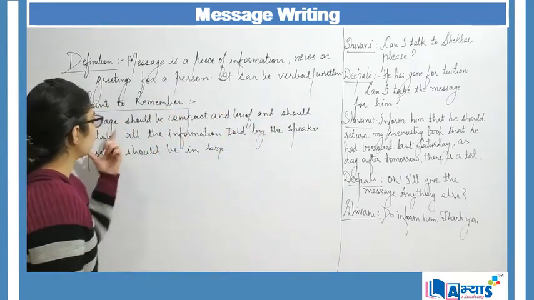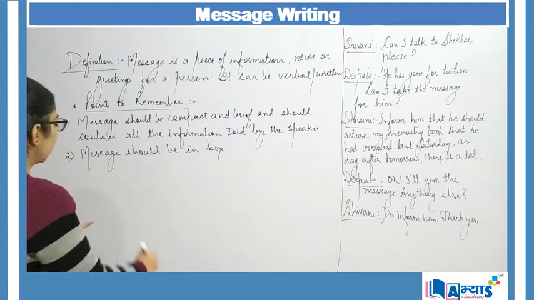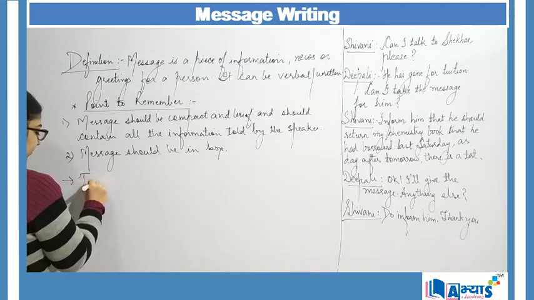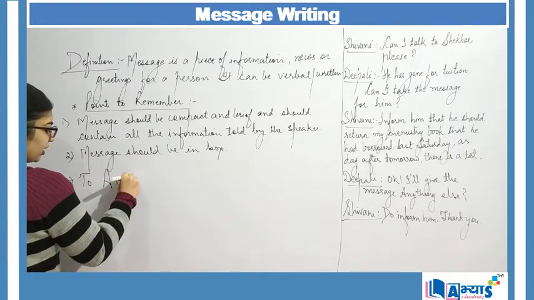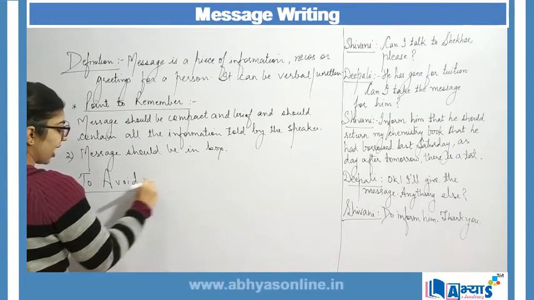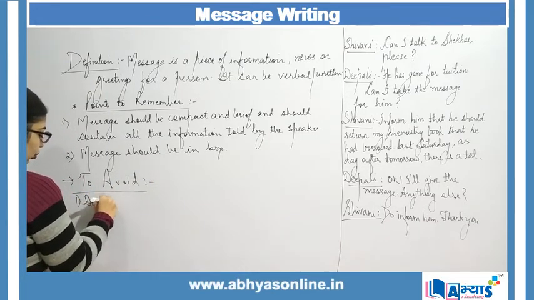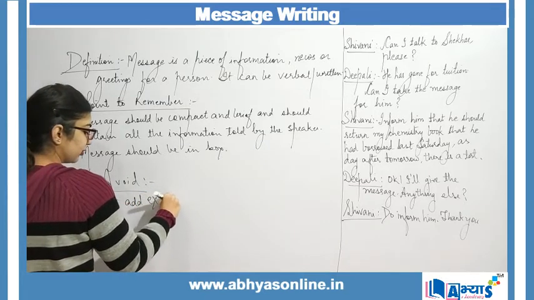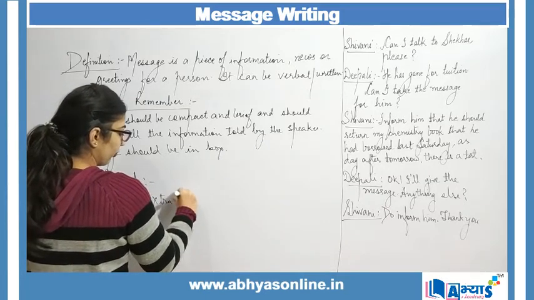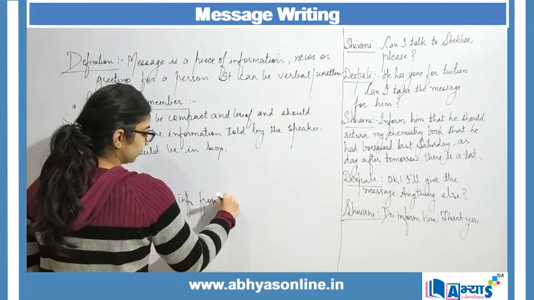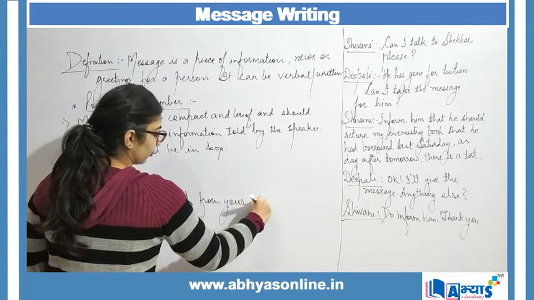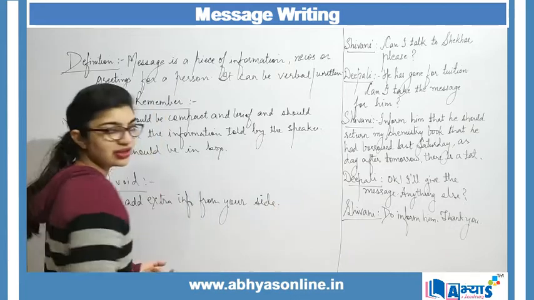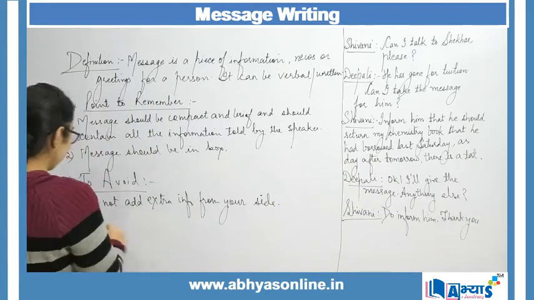Now, these were the important points to remember. The points that you have to avoid: first, do not add extra information from your side. There is no need to add extra information from your side.